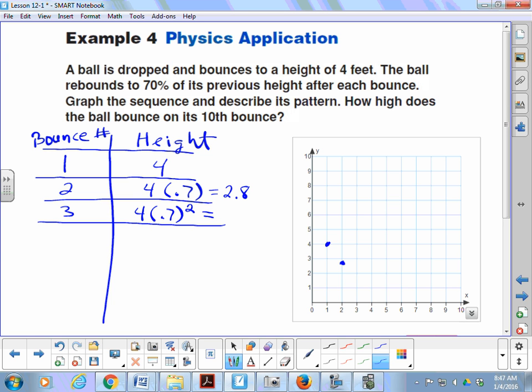Okay, 1.96. All right, so just below 2. Okay. And then we keep going. So if I describe this pattern, what's happening to it?